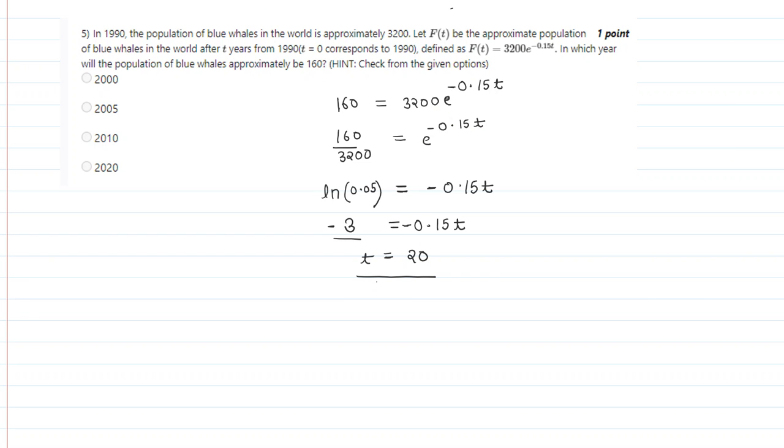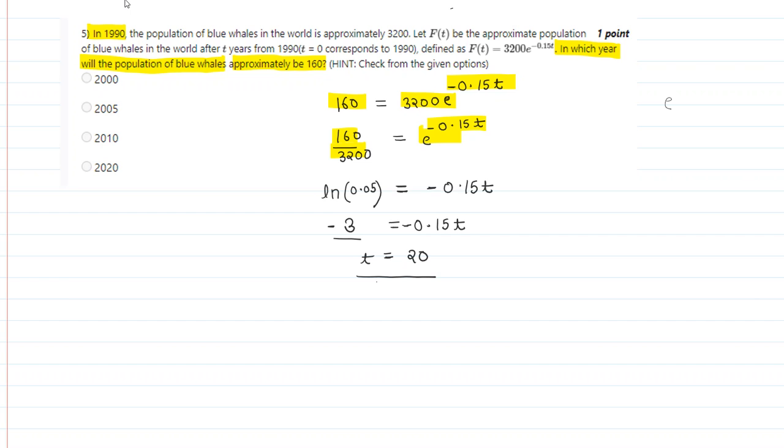So let's solve this question, and we are able to solve it because I know logarithm already. It's the same question as the previous one. It asks in which year will the population of blue whales approximately be 160? So 160 is equal to this equation. If we take the constant here and this expression here, and we take the log of both sides, so basically ln of both sides.